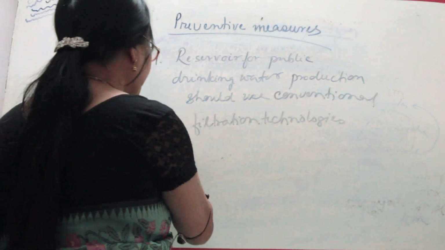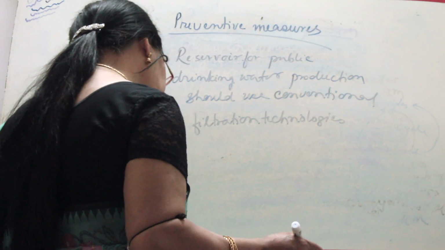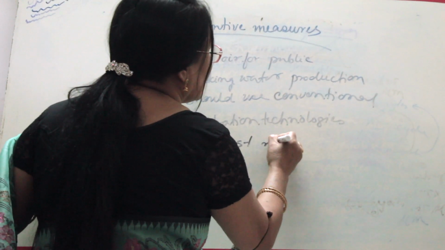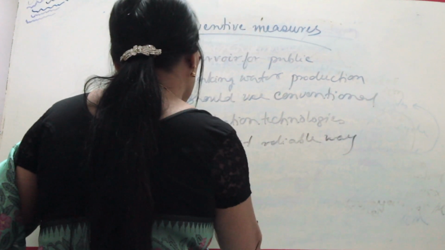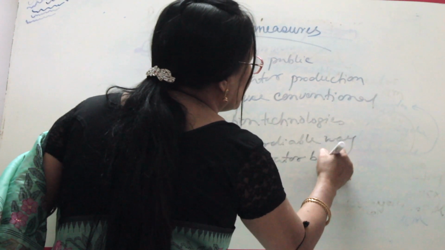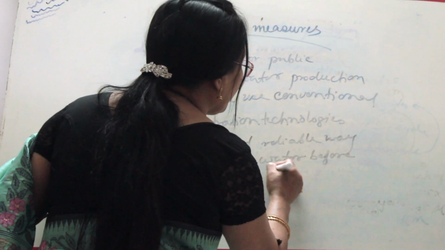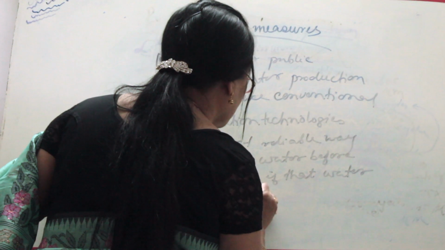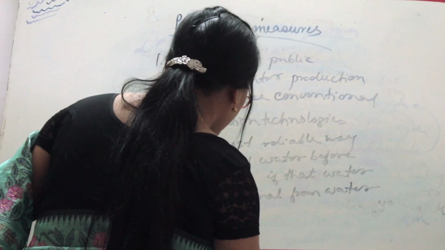Then number 2, the most reliable way to decontaminate drinking water is to boil water before drinking if that water is normal water from the water supply.